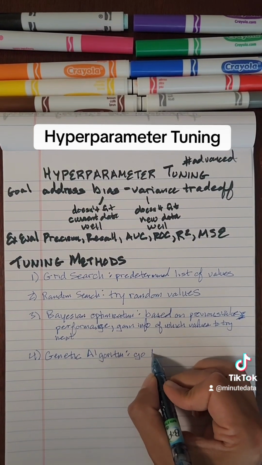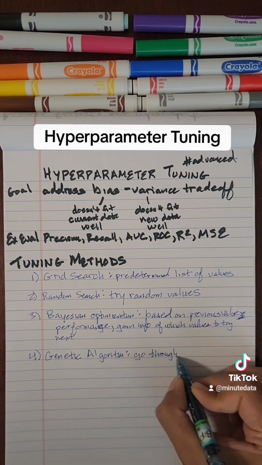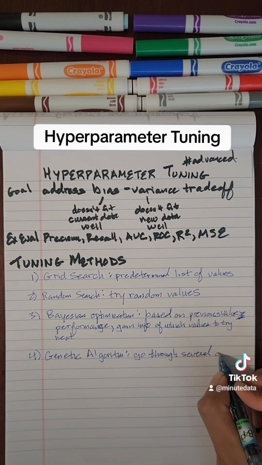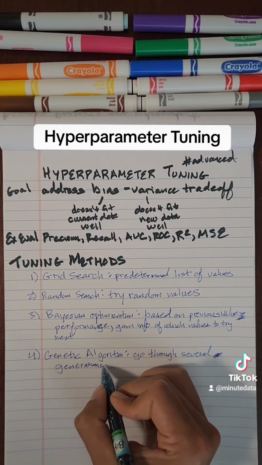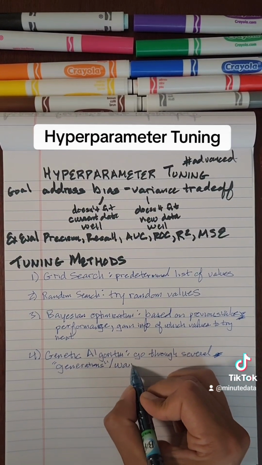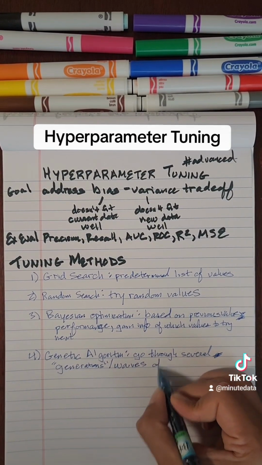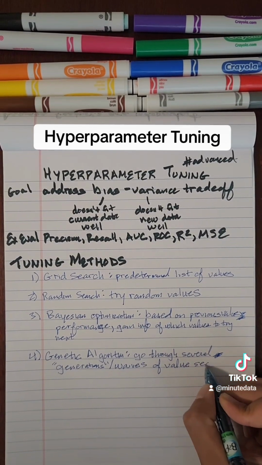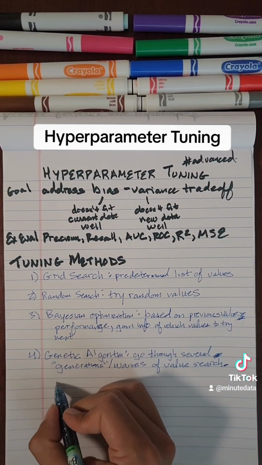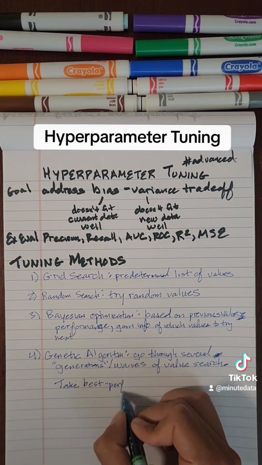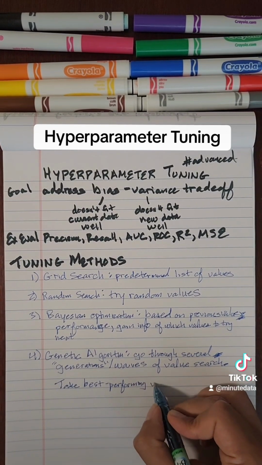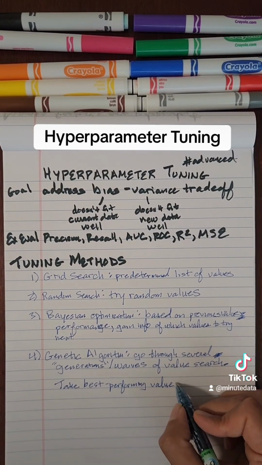where you actually go through several generations or waves, or basically a series of trials of value search. And then from there, you take the best performing value from each of these generations.